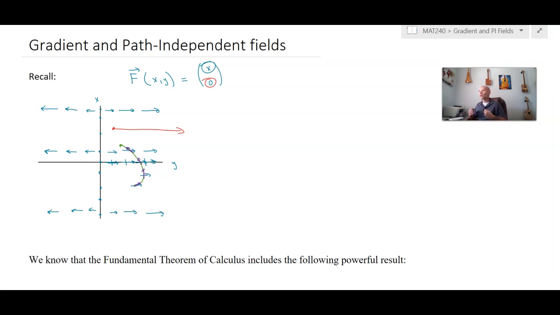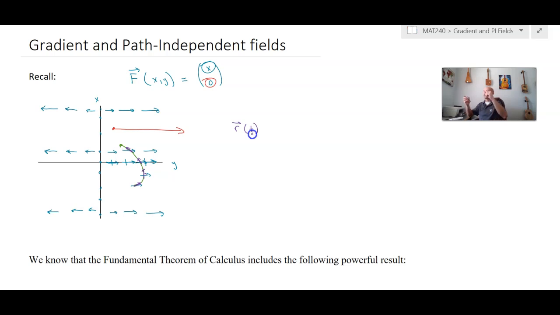But at every one of these points, we have a position, which I'm going to write as r. And many times it's easier to parameterize this curve and write it in terms of a parameter t. So maybe your x is equal to 2t and your y is equal to cosine of t.